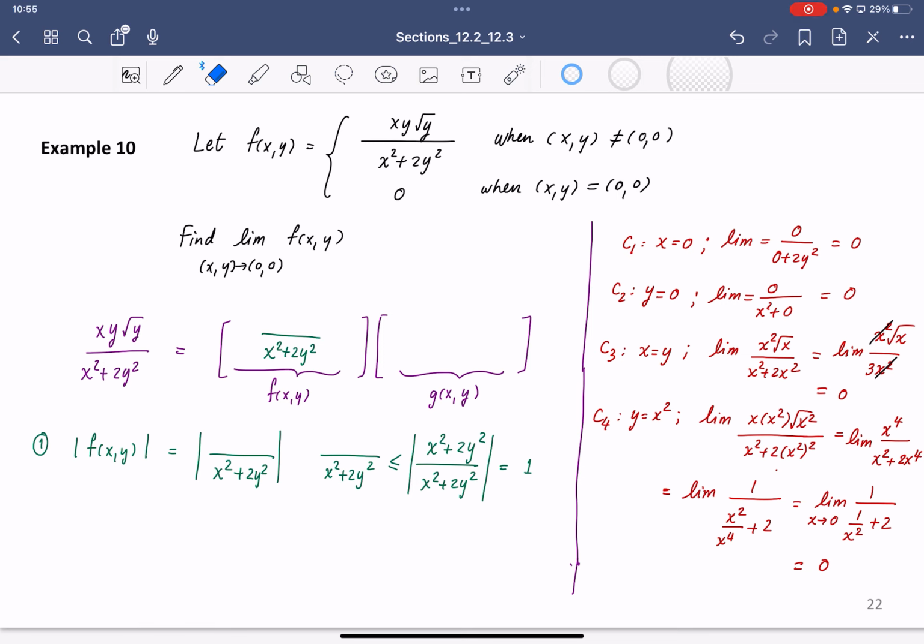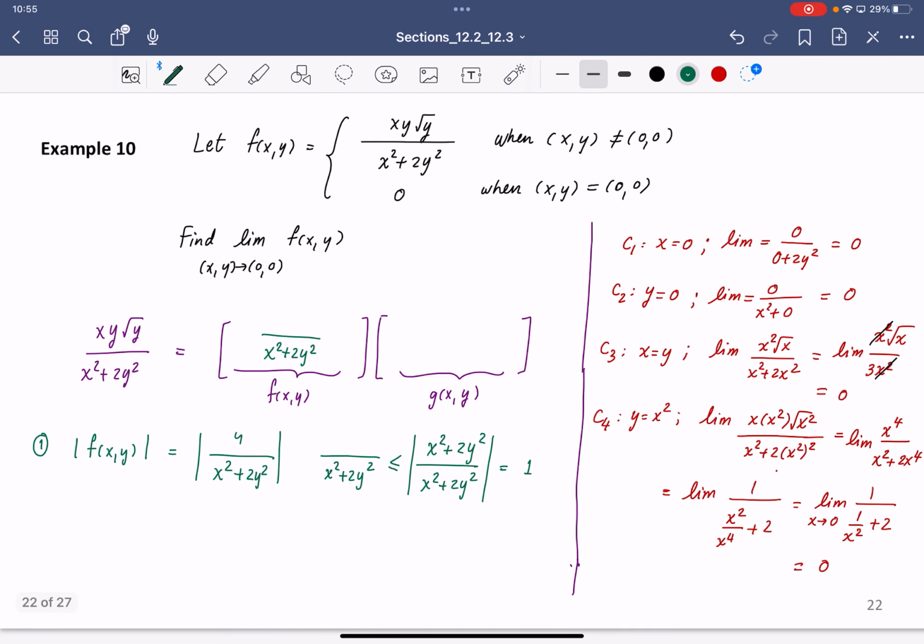What else can you pick if you cannot pick x? Well, it's the same thing: if you pick y, y cannot be less than y squared either. So the idea is that we pick x and y together. Let's combine x and y here, and we do square root of x squared times square root of y squared. Is that okay?